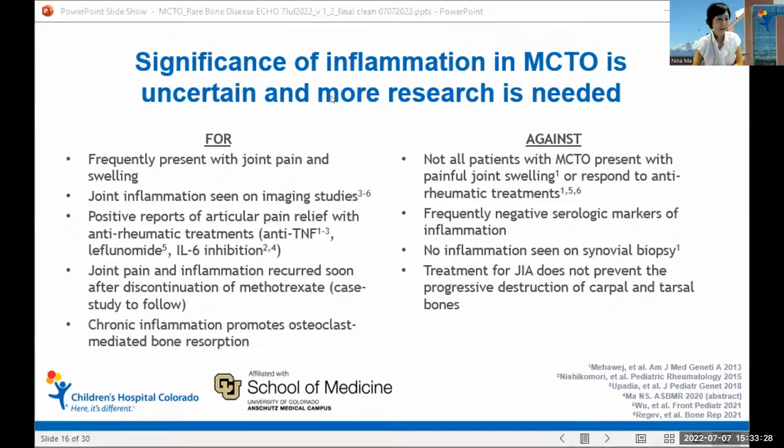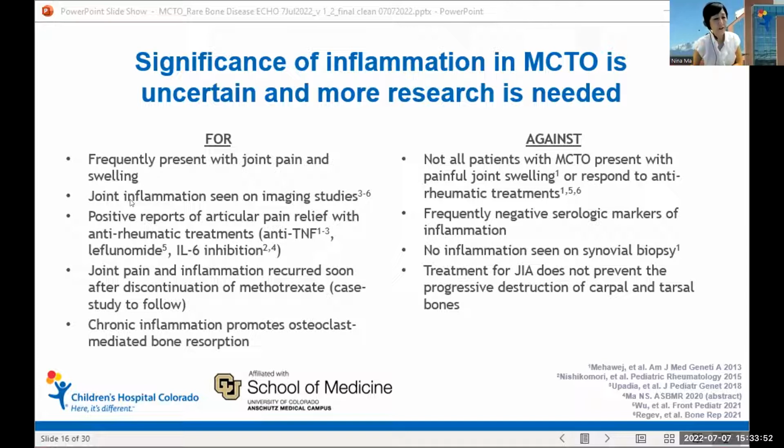So with regard to the significance of inflammation in MCTO, as mentioned, this is uncertain and certainly more research is needed. But if one had to build a case for inflammation in MCTO, it's very curious that patients will frequently present with joint pain and swelling symptoms to the extent that they are diagnosed with JIA.